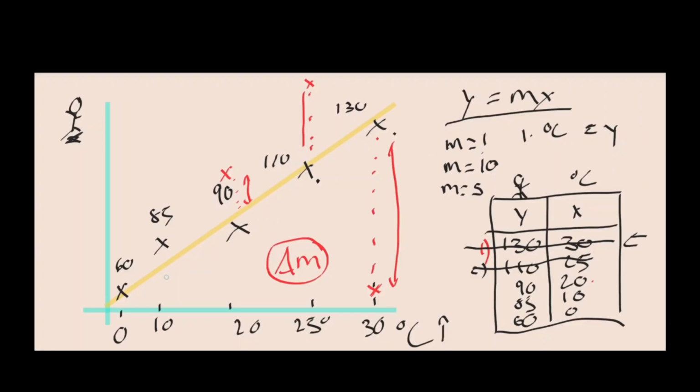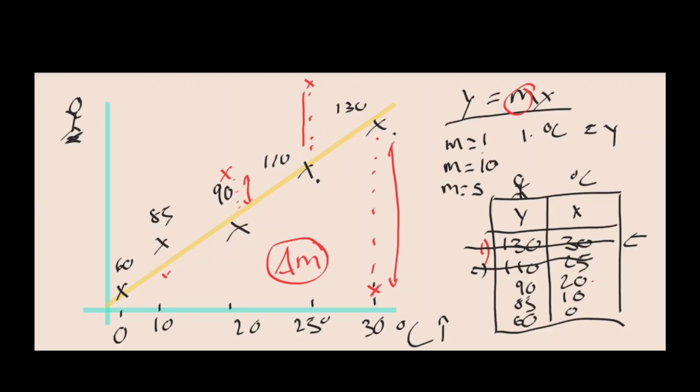I want to make sure that my predicted points are as close as possible to the truth, so I can get my m that will give me the best line, or approach the relationship that this yellow line is giving.